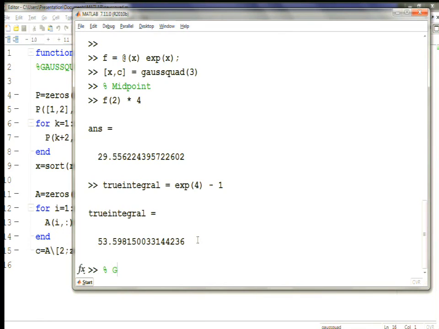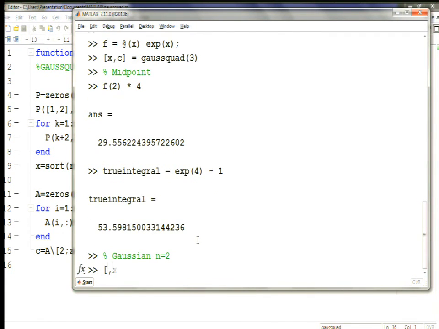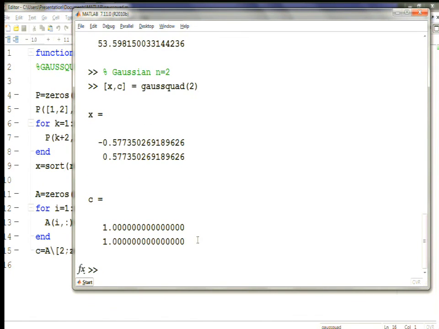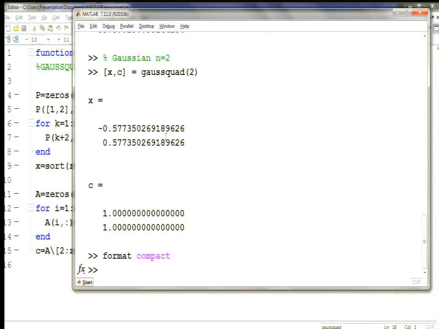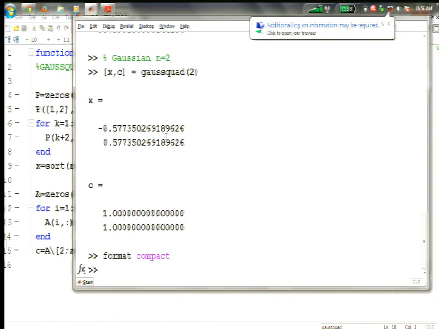Let's do Gaussian n equal to 2, right? Then you compute these points. I need format compact here. It throws away all my accuracy here. So how do we use this formula? I didn't quite show you how to scale it yet. So why don't I just move it back down to -1 and 1?